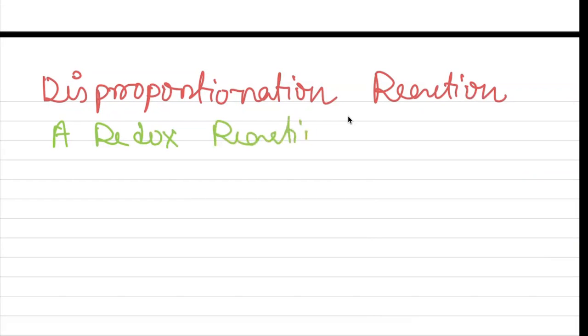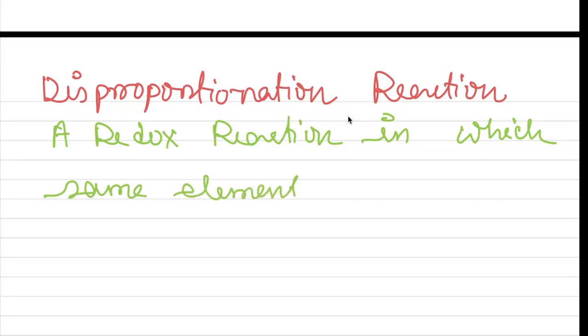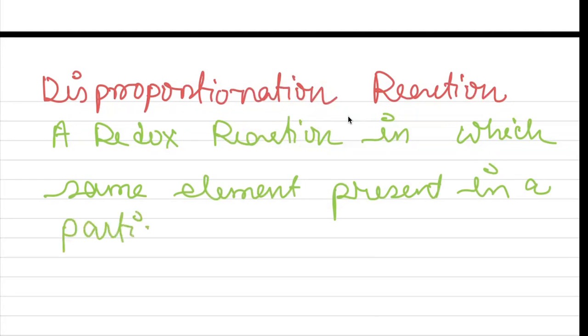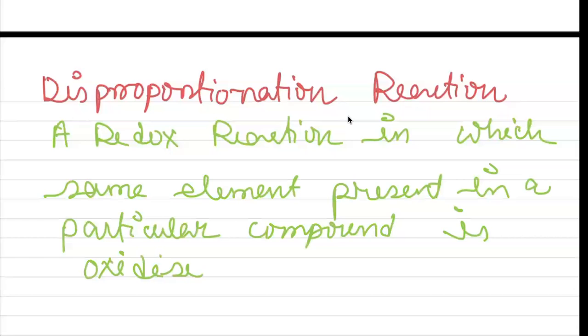It is a redox reaction in which the same element present in a particular compound is oxidized as well as reduced.